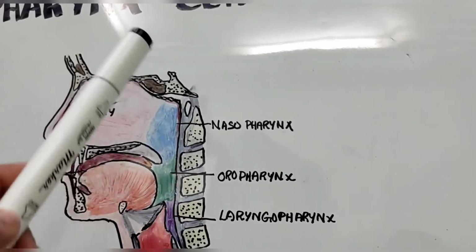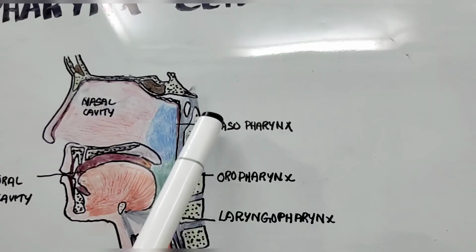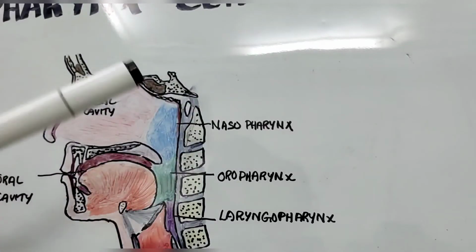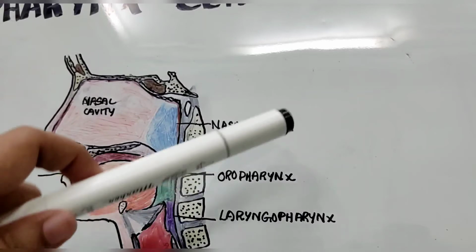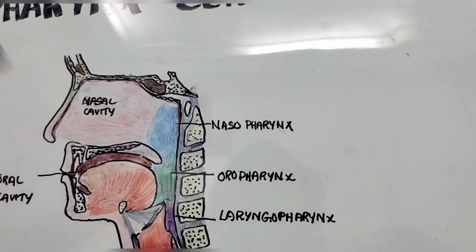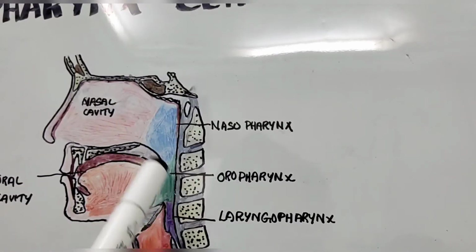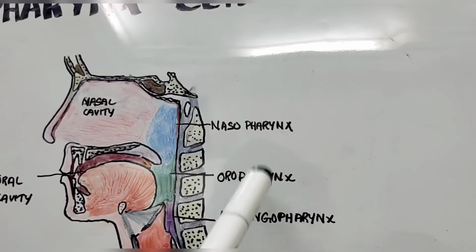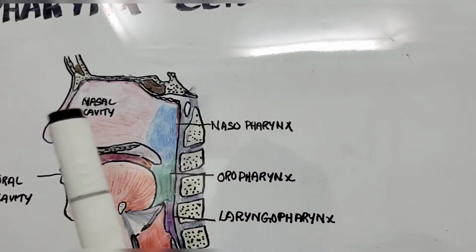Now we will discuss the lateral relations. The nasopharynx is laterally related to the auditory tube on either side. The oropharynx is related to the tonsillar fossa containing the palatine tonsil on either side. We will discuss the palatine tonsils and all kinds of tonsils when we discuss the Waldeyer's lymphatic ring.